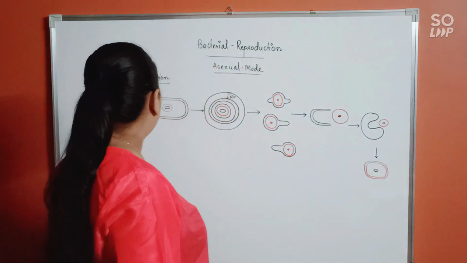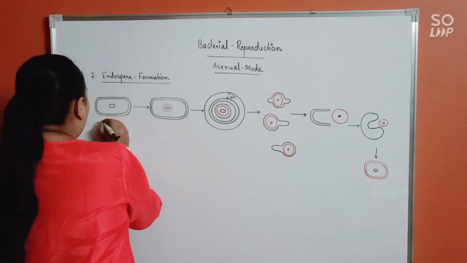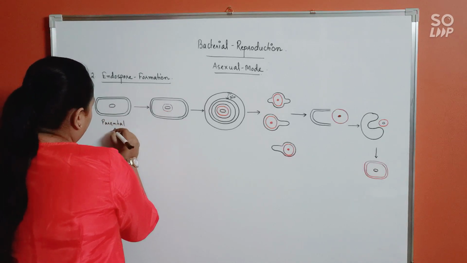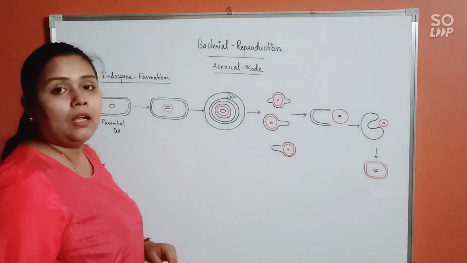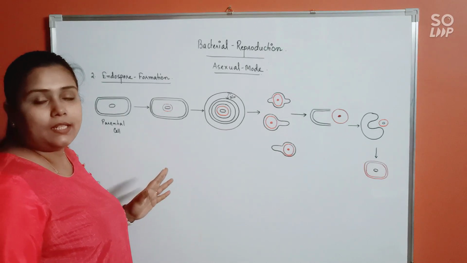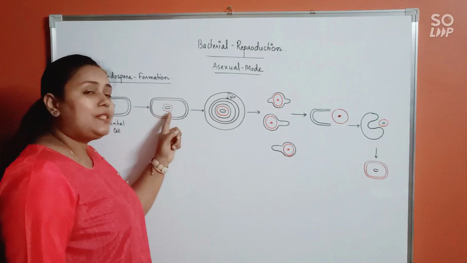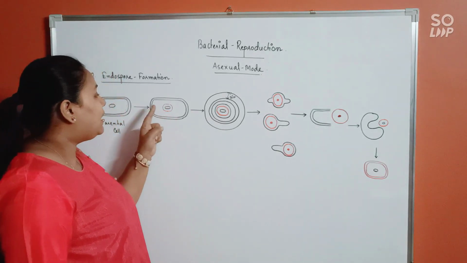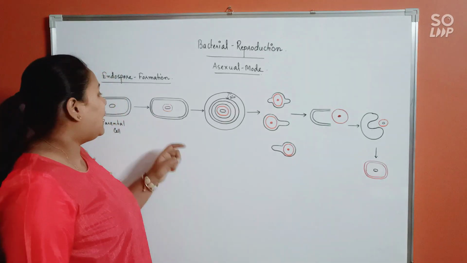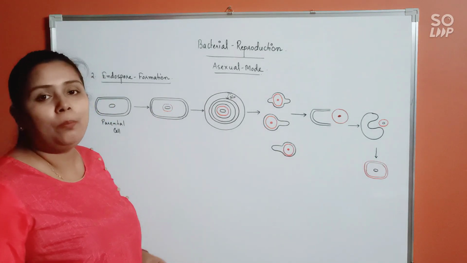Suppose this is a bacterial cell or parental cell. During endospore formation, whenever the parental cell is undergoing some unfavorable condition, a part of the cytoplasm of the cell containing the nucleoid will start to get dehydrated, and then will also start getting surrounded by a membrane, similar to plasma membrane.